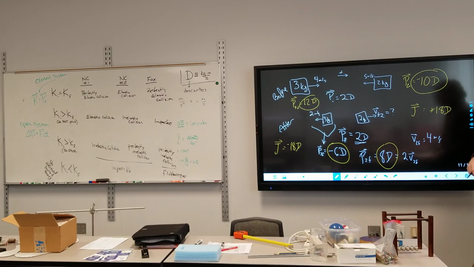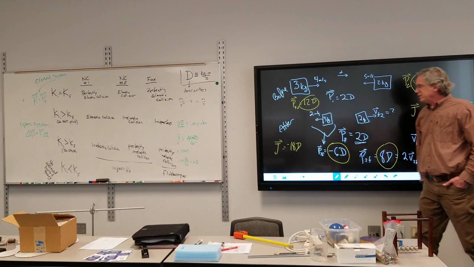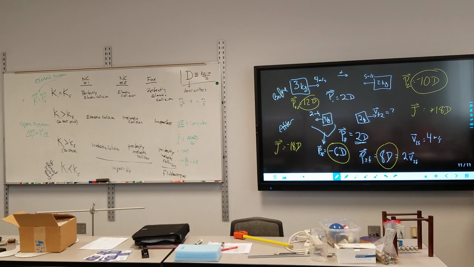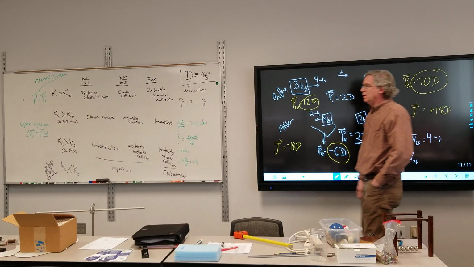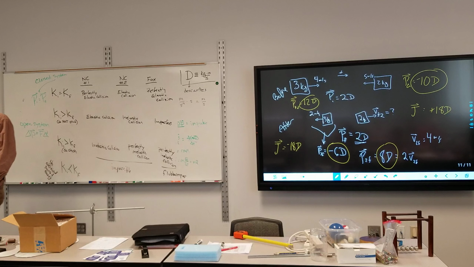So if I look at each separately, as open systems, this one loses momentum, this one gains momentum. If I look at it combined, well, the total is 0, because momentum was conserved. Questions up to here?